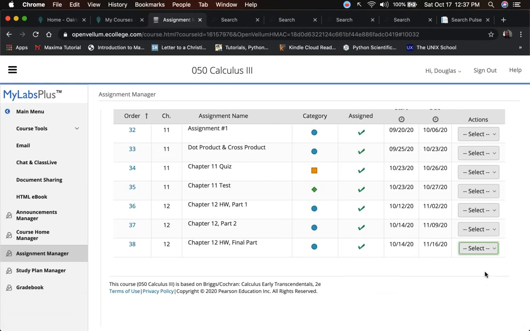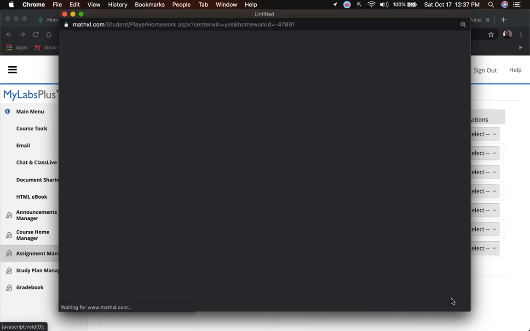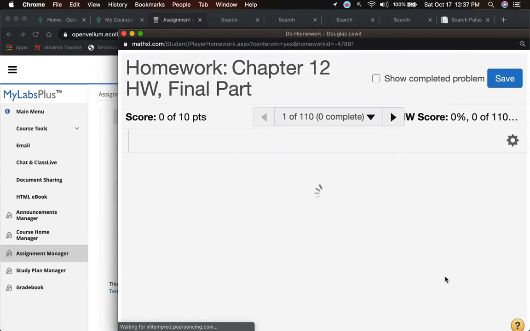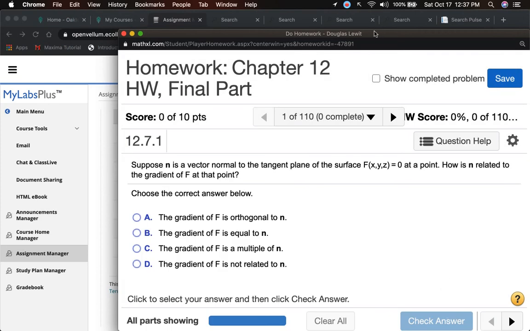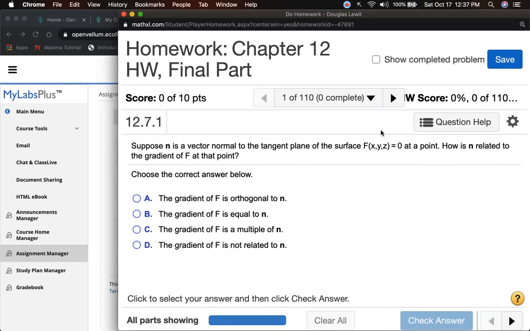I'm going to go into your Chapter 12 homework, the third Chapter 12 homework assignment. I think the problem is 70 or 71.